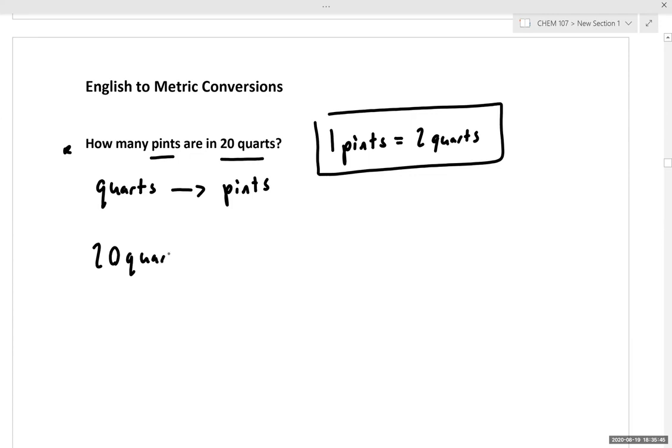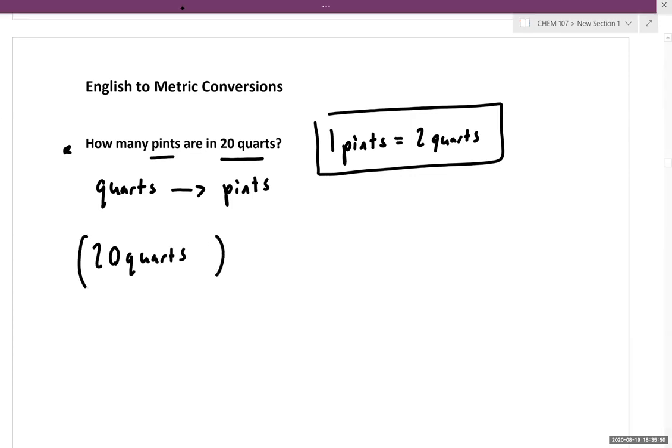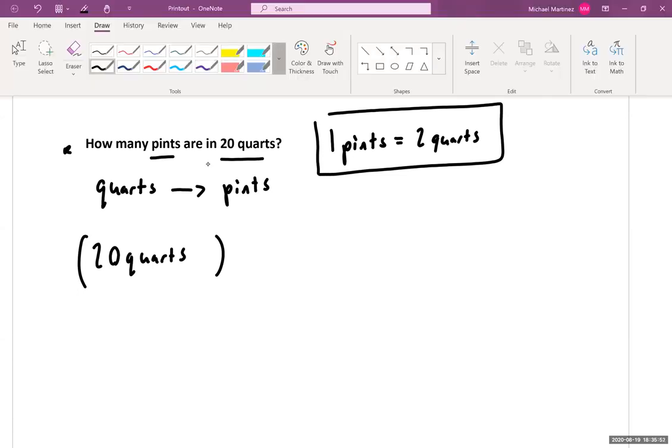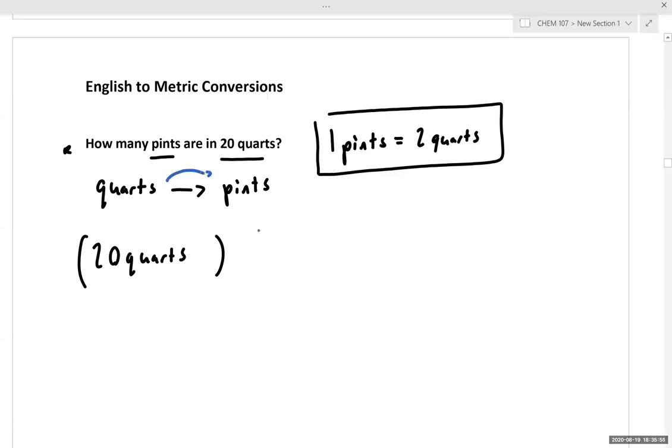So if we have 20 quarts and we want to go from quarts to pints, what units am I going to put on top? Pints, exactly. So we know in 1 pint, we have 2 quarts. Quarts cancel, and that in turn gives us 20 over 2, which is 10 pints.